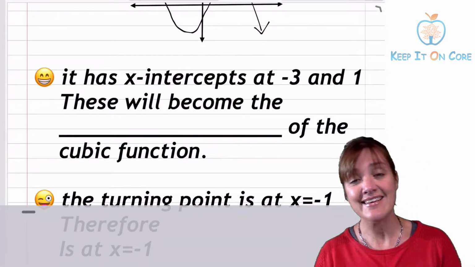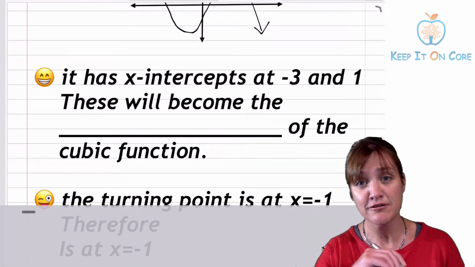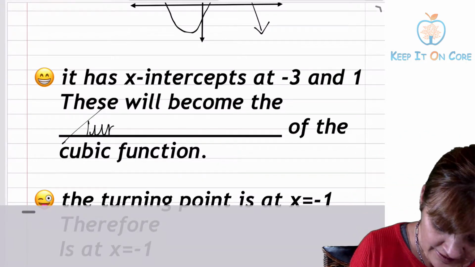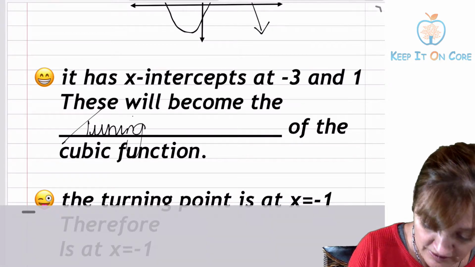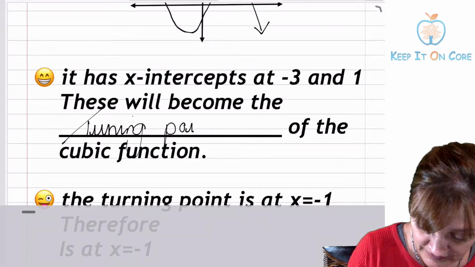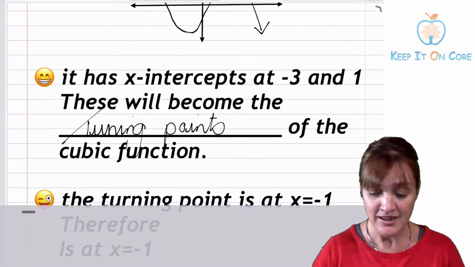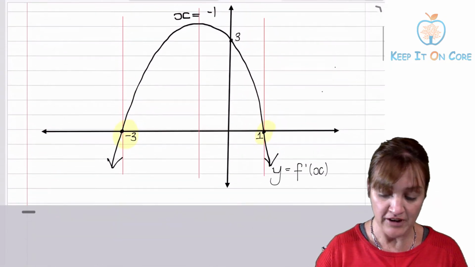So the x-intercepts of your derivative function become the turning points of your cubic function. All right, so that's why I've drawn those little orange lines over there.